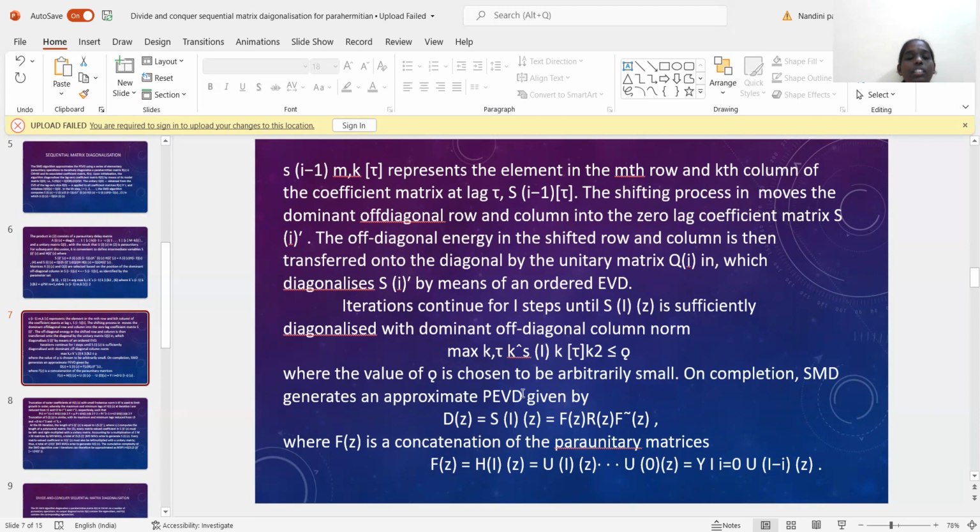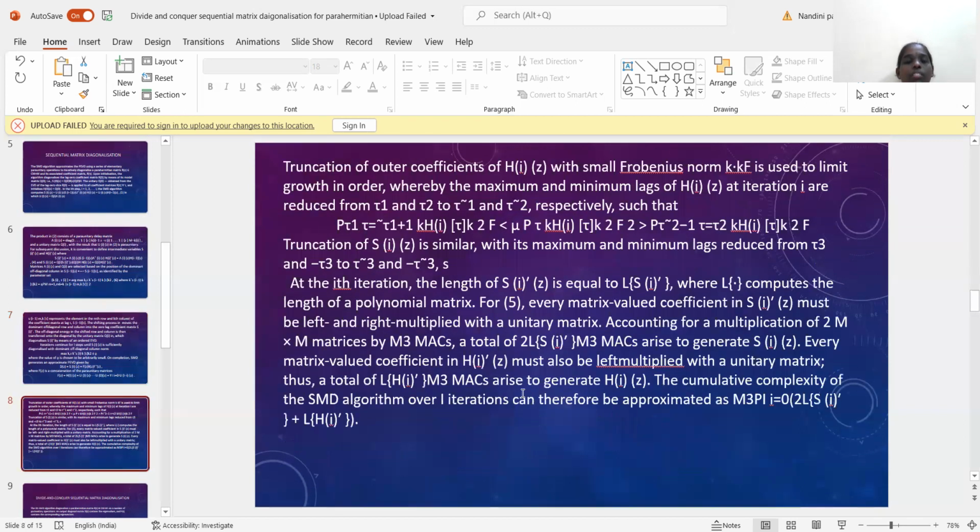On completion, SMD generates an approximate PEVD. Truncation of the outer coefficients of H(z) with a small Frobenius norm is used to curb growth in order, whereby the maximum and minimum lags at iteration i are reduced.